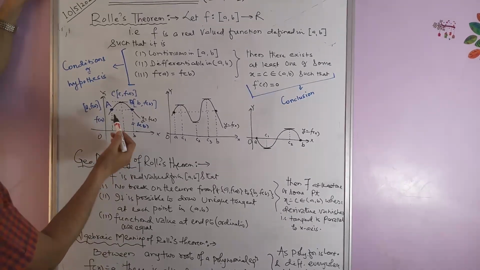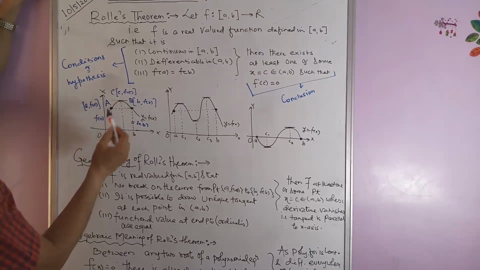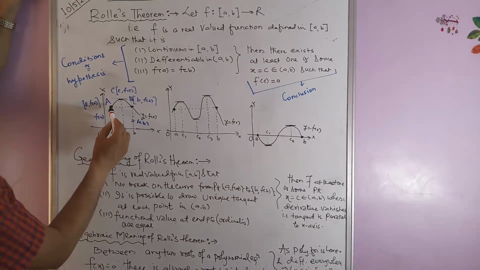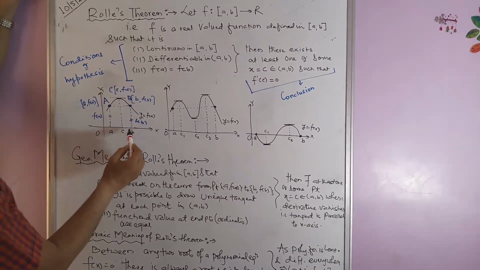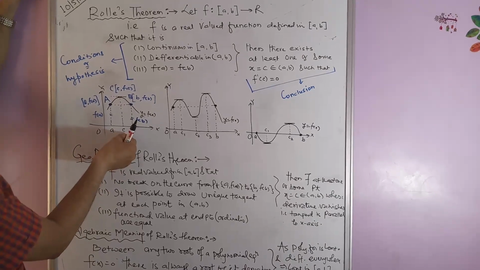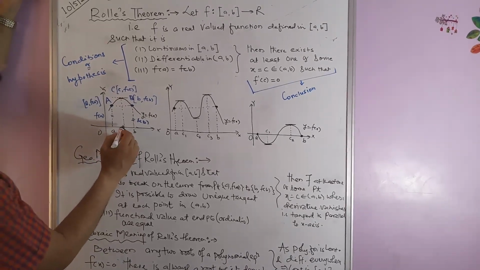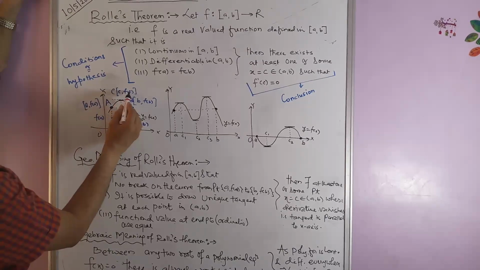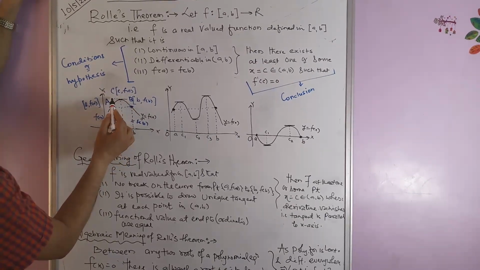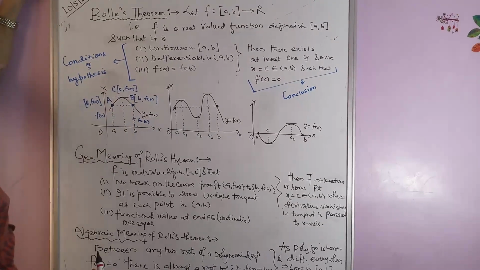The function is continuous from a to b, differentiable from a to b, and here c is a point, with the corresponding point on the curve (c, f(c)). Here the tangent is parallel to the x-axis.